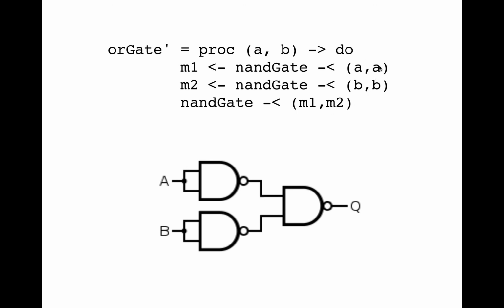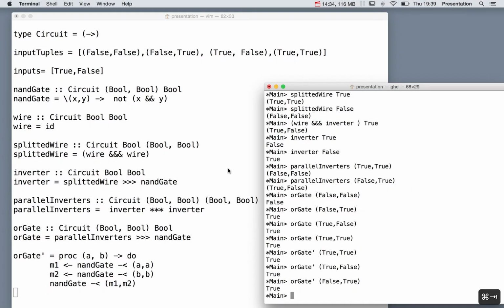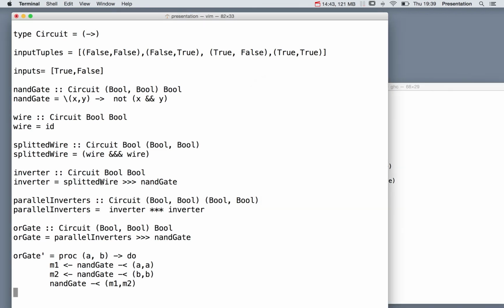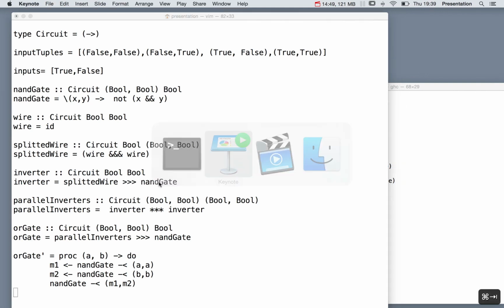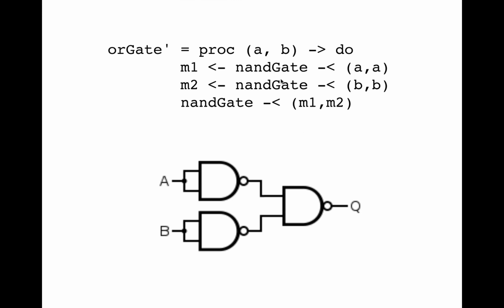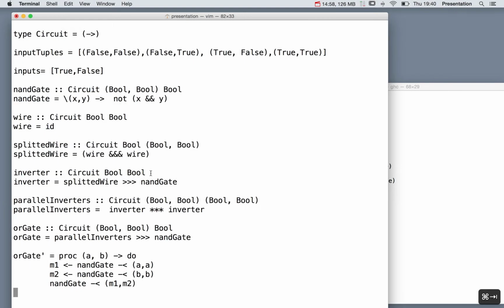And then you pipe this tuple, this split input, into this negative AND gate, which is here. And we did this piping here when we were doing our inverter. So we split the wire and then we were piping it into this negative AND gate. So this part of the story is exactly what we wrote here, and then we got this inverter as an output.